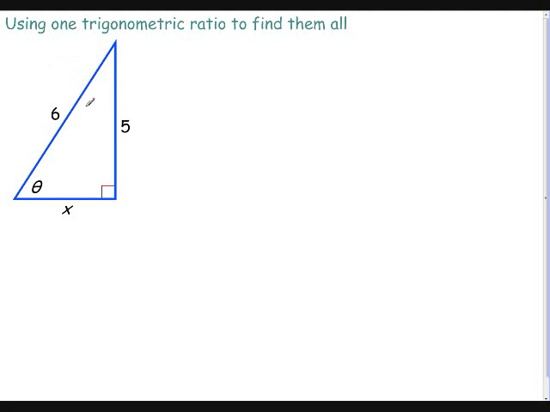So let's try it for this one. We have a right triangle with 2 sides.